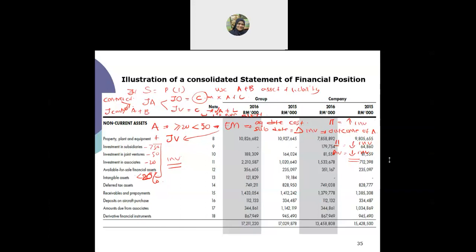Why does the distribution of dividend by a joint venture decrease the parent's investment in associate? I can understand your question. Can you voice out? What is your question there? My question is like this.